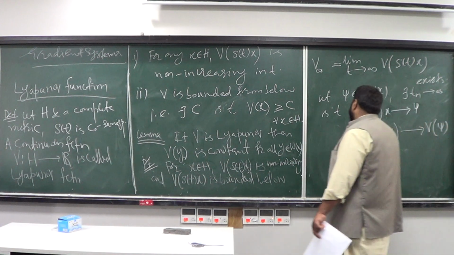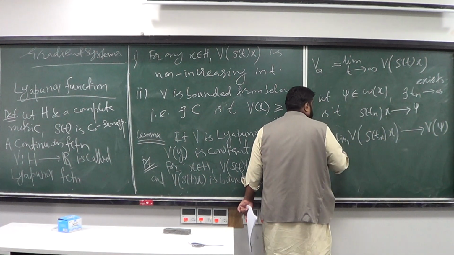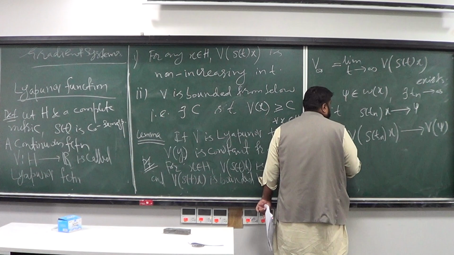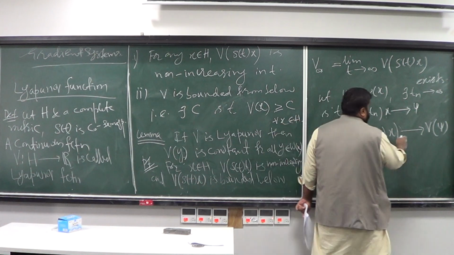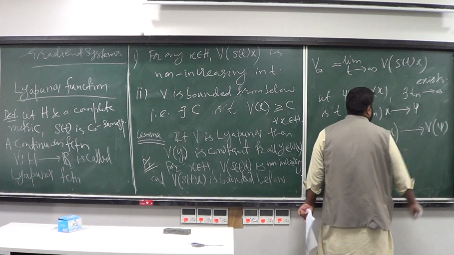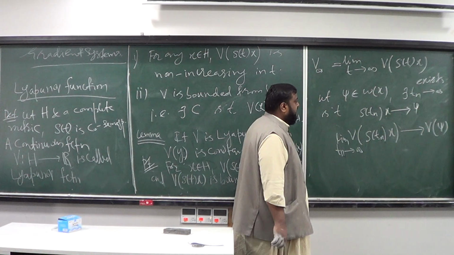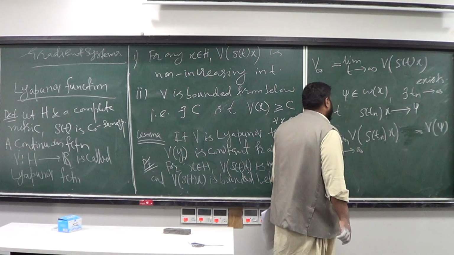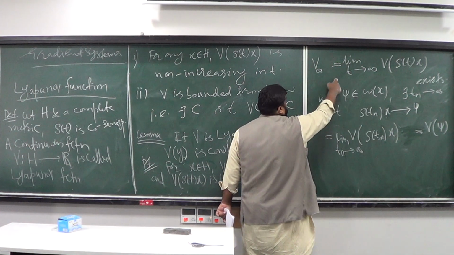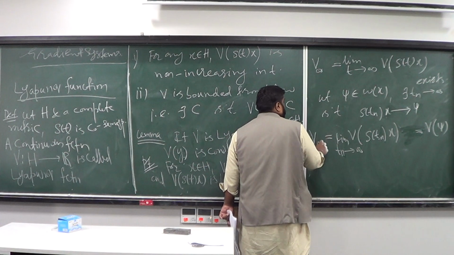In other words, if you take the limit as Tn goes to infinity of V of S of Tn x, this should converge to V of psi. It's equal to this. But this, we know from here, is equal to V infinity.